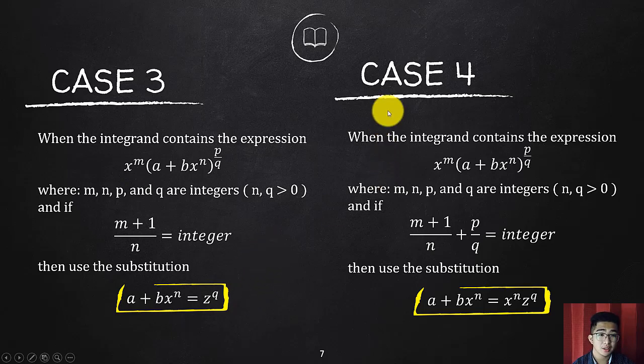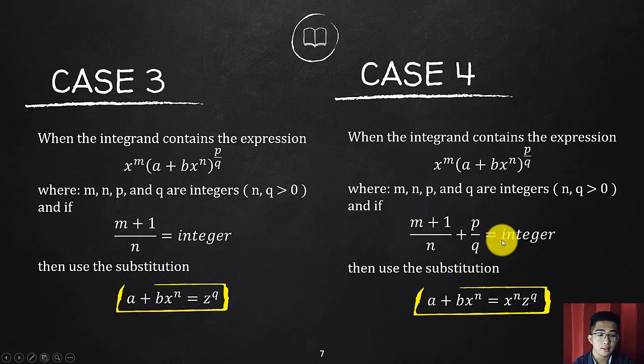However, case 4 is a corollary of case 3. If m plus 1 over n is not an integer, then you might be looking at case 4. So for case 4, same expression that we're looking for, but this time, the term is m plus 1 over n plus p over q.